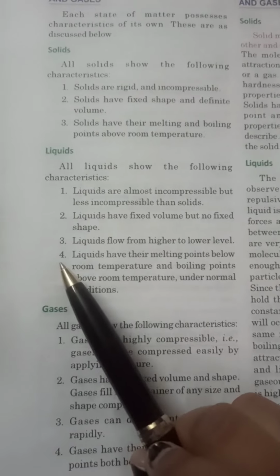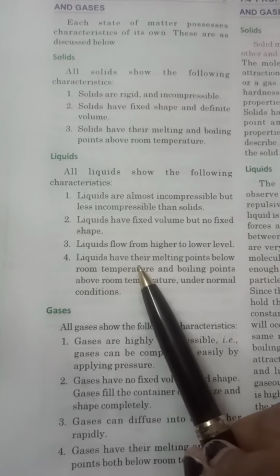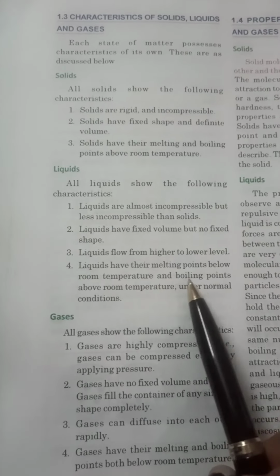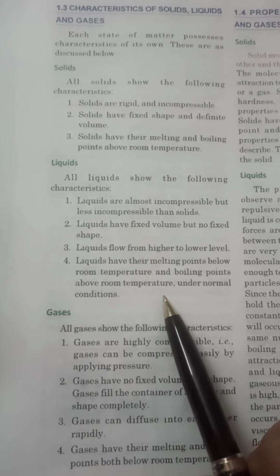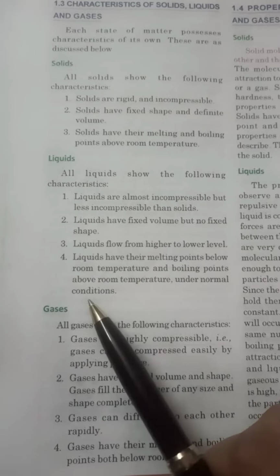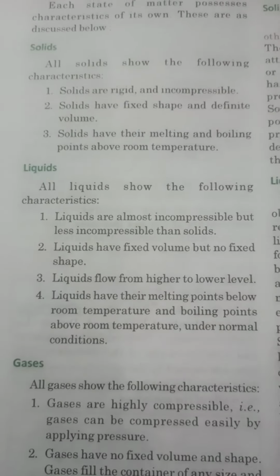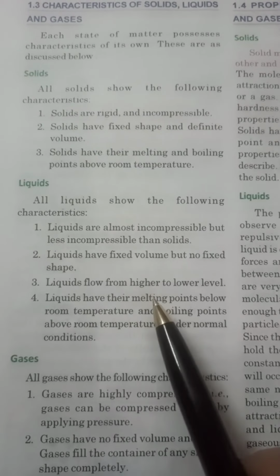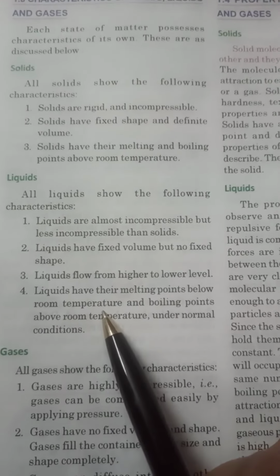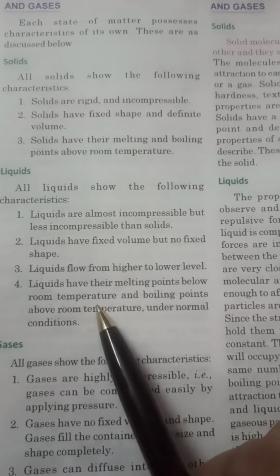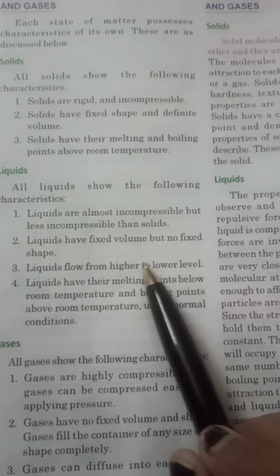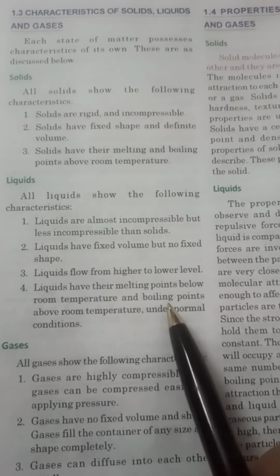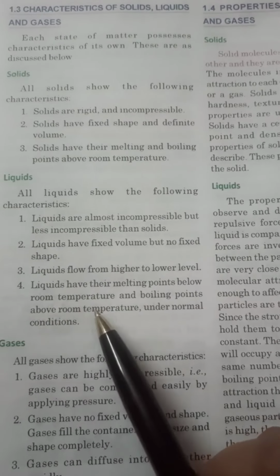Now fourth point is liquids have their melting points below room temperature and boiling points above room temperature under normal conditions. Now let us see what this point is saying. A liquid's melting point is below room temperature. It means we can melt the liquid below room temperature, and the boiling point is above room temperature.